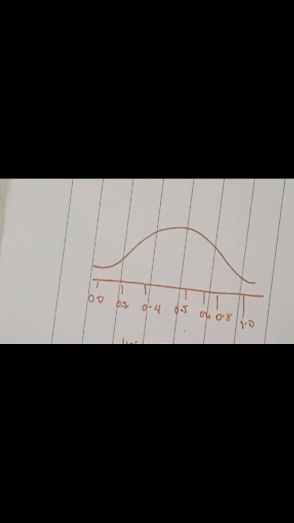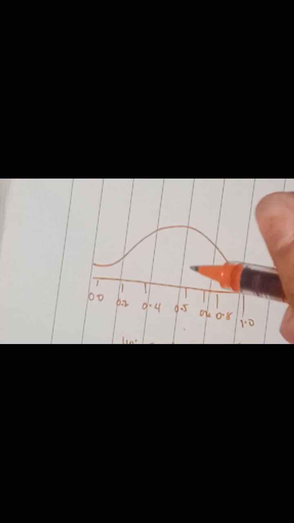Since it is said to be greater than 0.50, it's a one-tailed test and we're going to sketch the right tail test. Let's assume that this is where 0.50 is located.